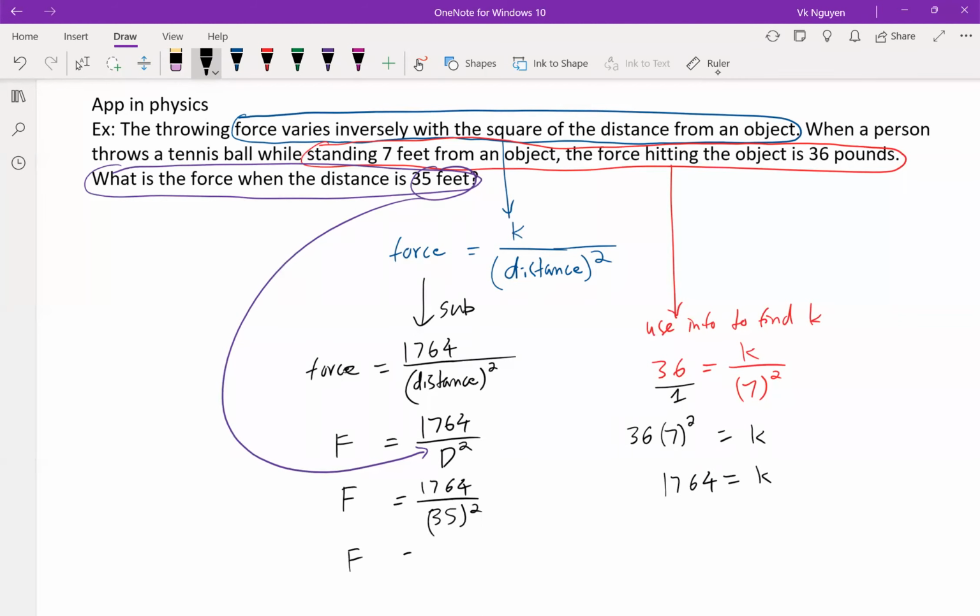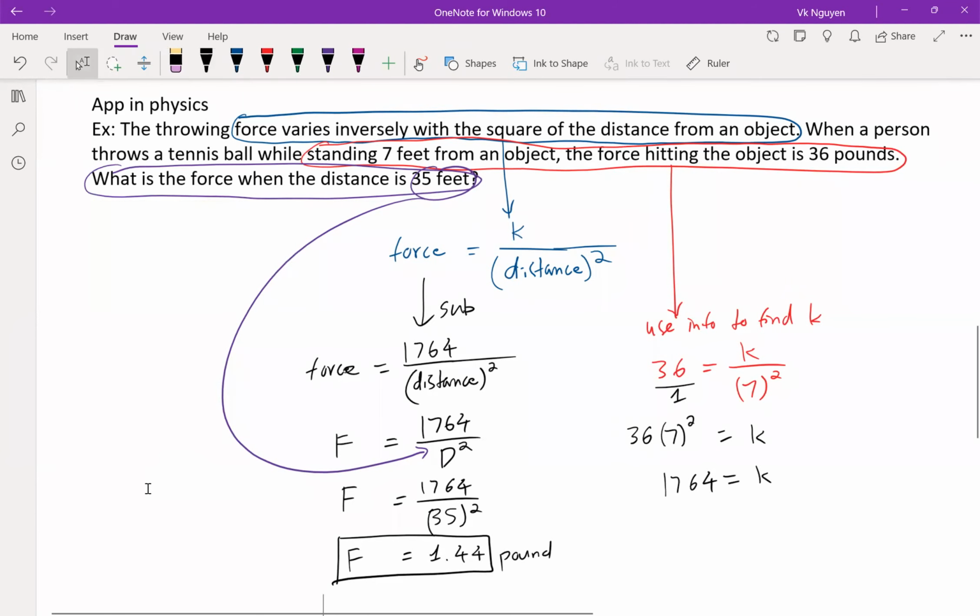And plug this into the calculator. That gives us approximately 1.44 pounds. As expected, because the further you stand from the object, the less force is going to hit the object.